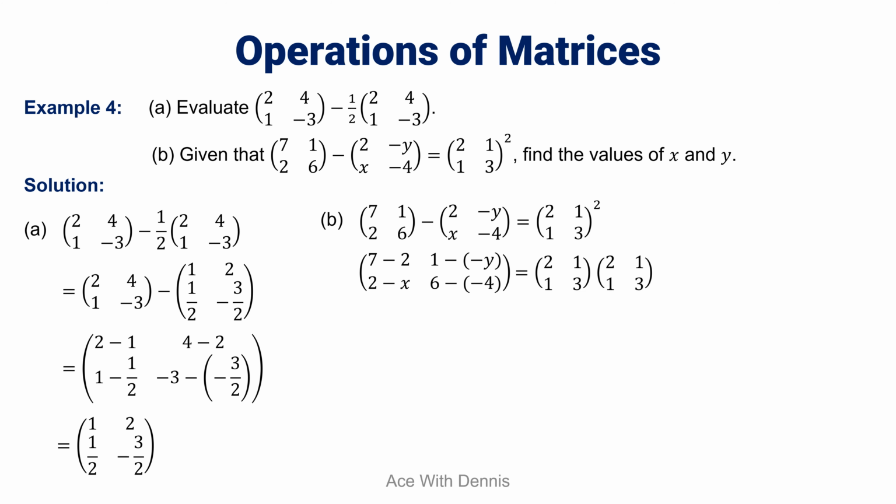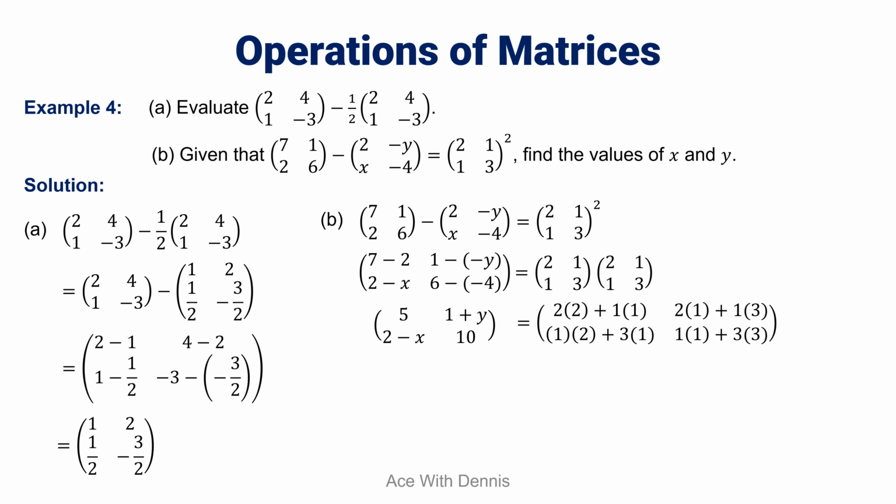They equal the right hand side, which is the square of a matrix, so the matrix will multiply itself. So we have matrix [2, 1; 1, 3] times matrix [2, 1; 1, 3]. We simplify the left hand side. We have matrix [5, 1 plus y; 2 minus x, 10] equals the right hand side. We multiply these two matrices together.